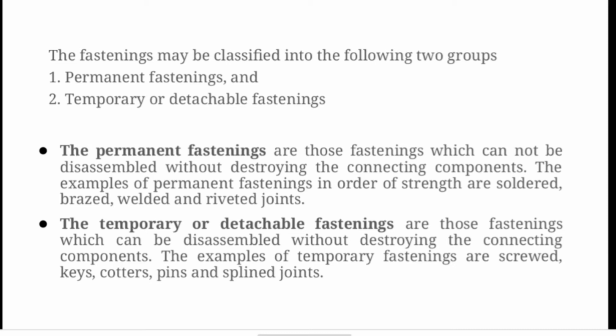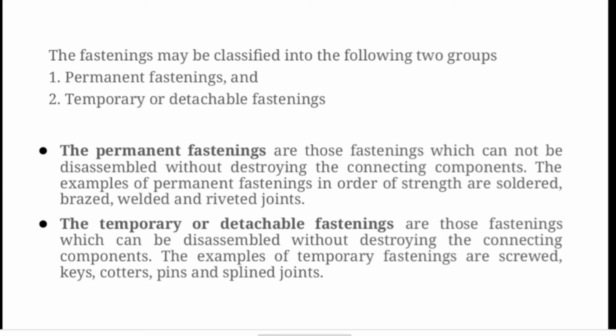Let's see what the difference is. The fastening which cannot be disassembled without destroying the connecting components comes under the category of permanent fastening. The fastening which can be disassembled without destroying the connecting components comes under temporary fastening. So these are the differences between permanent fastening and temporary fastening.